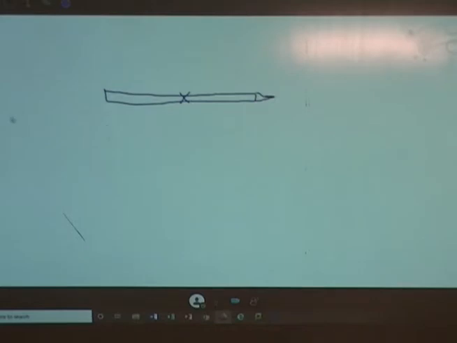So, if I want to move the pencil straight up and down, sorry, this is a bit difficult to control. If I want to move the pencil straight up and down, then I'm going to apply the force straight through there, right?